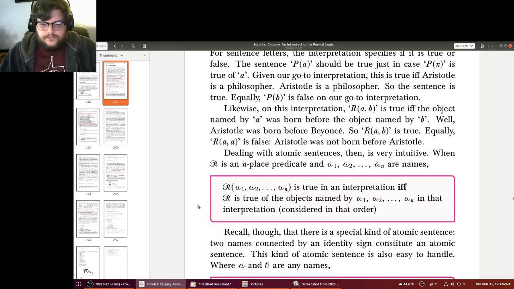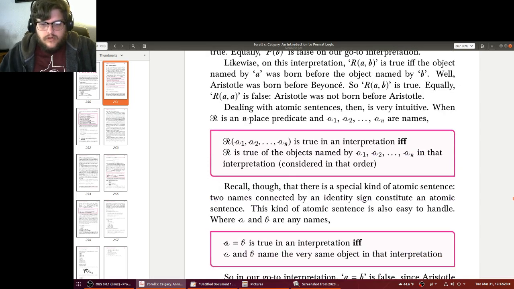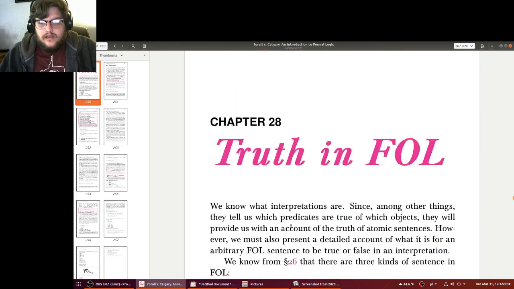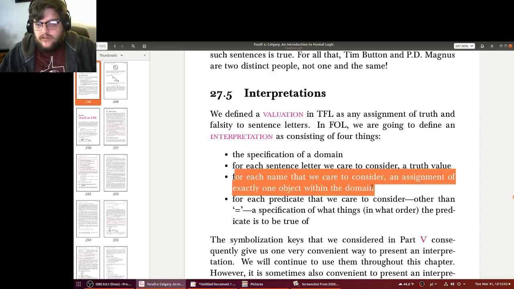Now they say equality is special, so we have to treat it specially. A equals B is true in a particular interpretation if and only if they name the same object. So remember, when we defined an interpretation, every name that we're going to use has to be assigned to something in the domain.